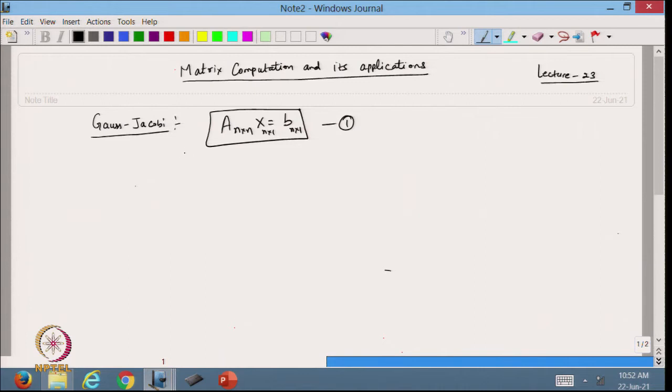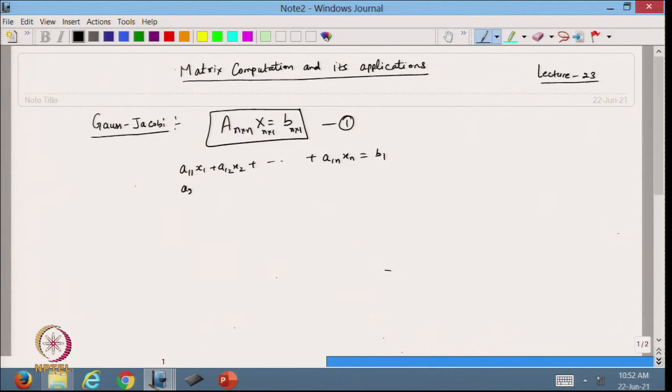So, in the Gauss-Jacobi method, I can write this system as a11 x1 plus a12 x2 plus up to a1n xn equal to b1.